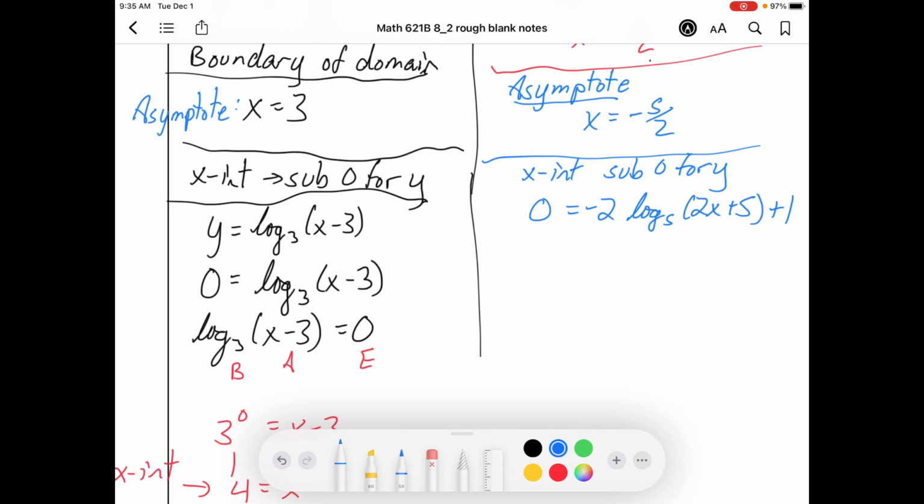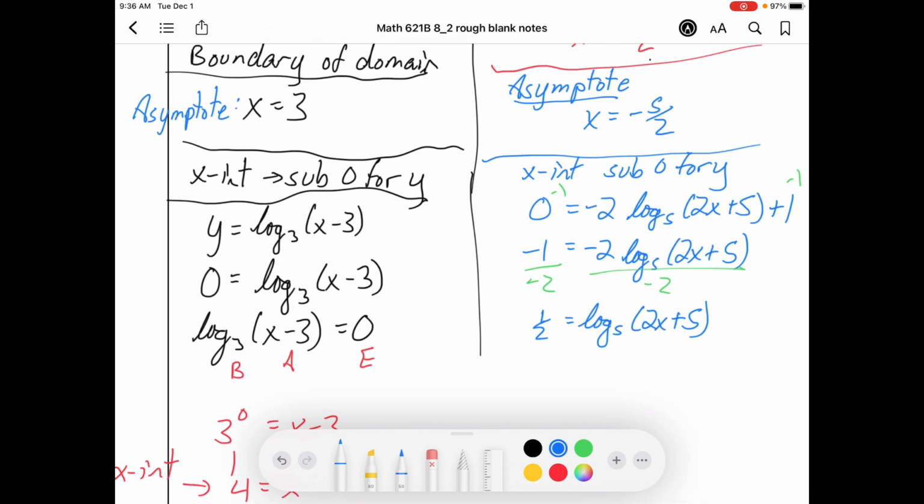We can move the 1 over to the other side. So we have negative 1 equals negative 2 log base 5 of 2x plus 5. I can divide by negative 2. So at this point, I'll have a half equals log base 5 of 2x plus 5.